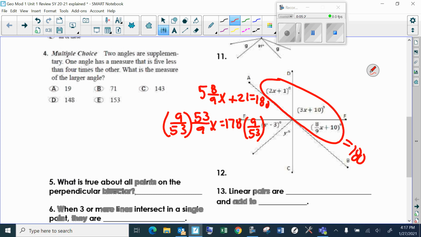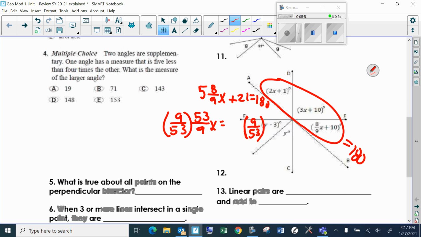And when I do that, 53 ninths, multiply by the reciprocal. Oh, what am I saying? 178. That's ridiculous. Basic math here, man. I'm subtracting not 1, but 21.